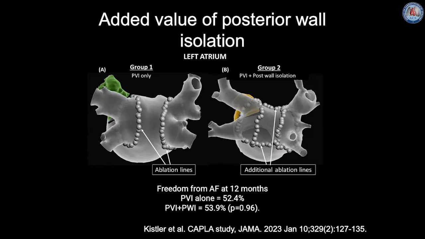More recently, the CAPLA trial was presented. In the CAPLA trial, patients were randomized to PVI alone or PVI in combination with posterior wall isolation. And also here, there was no difference between the two groups. Does that now mean that we should not isolate the posterior wall?